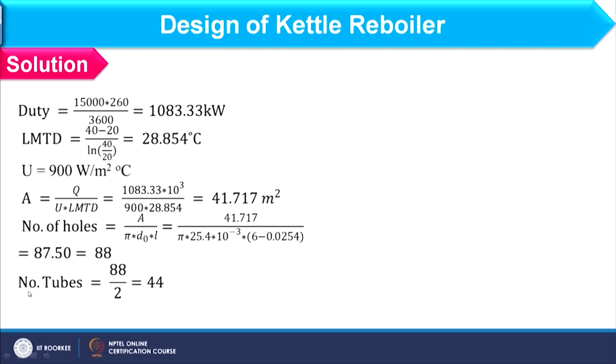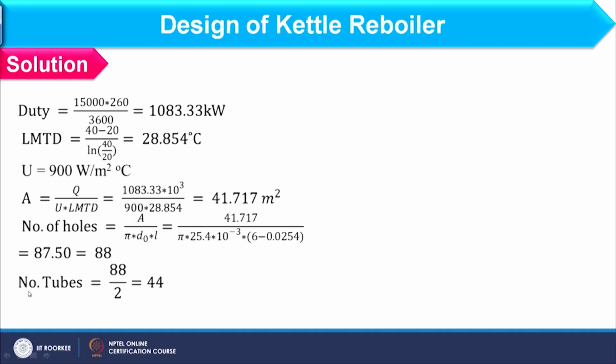Now, once I have the number of tubes, what is the next step? If you recall the procedure of the Kettle reboiler, we have to find out the actual tube count and so the bundle diameter, right. And as far as actual tube count is concerned, we have to refer to certain standard tables, and these tables are the table C series, which is available in R. W. Serth's book in appendix C. Okay.